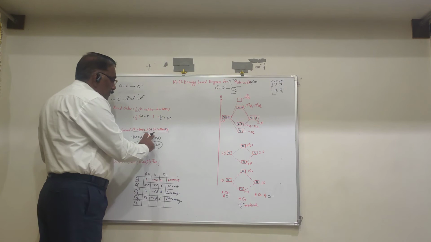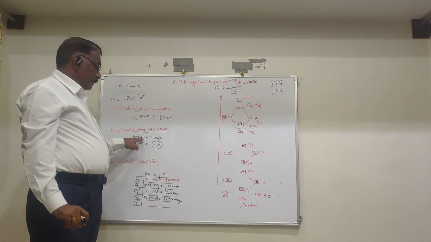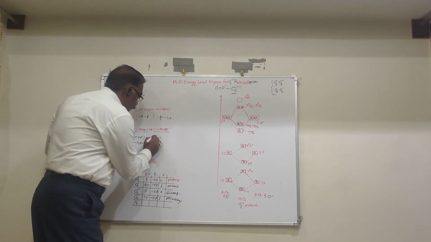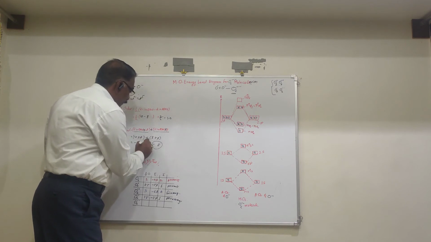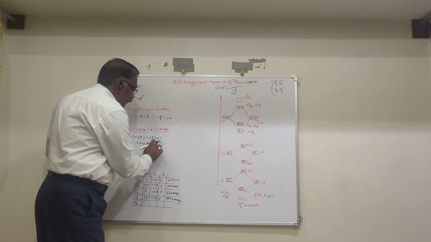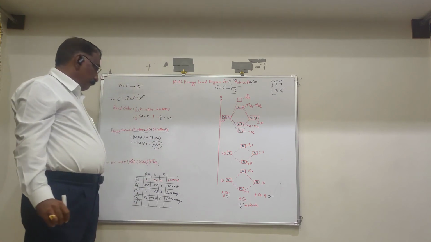Then see the energy evolved. Electrons in BMO 10 into minus beta plus electrons in ABMO 8 is equal to minus 10 beta plus 8 beta, which is equal to minus twice beta.